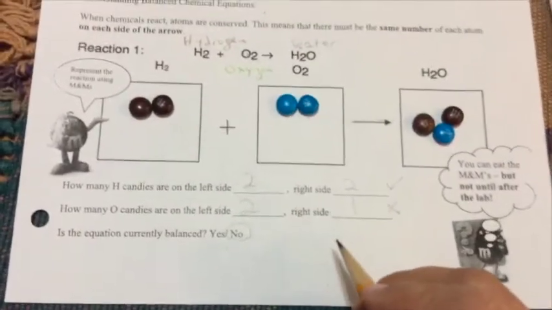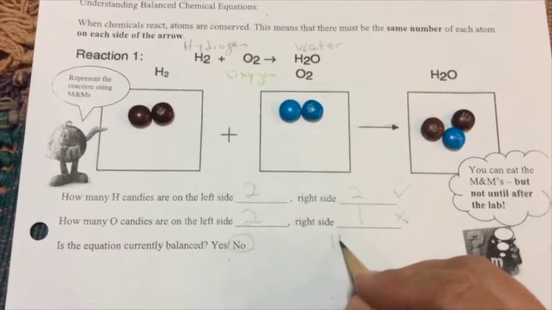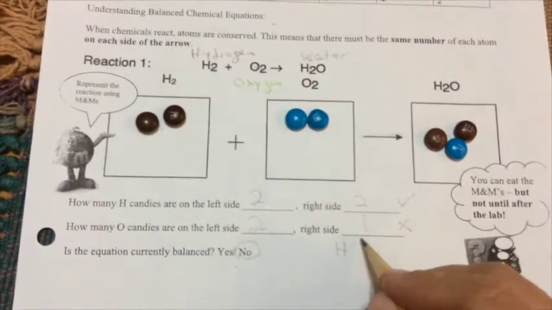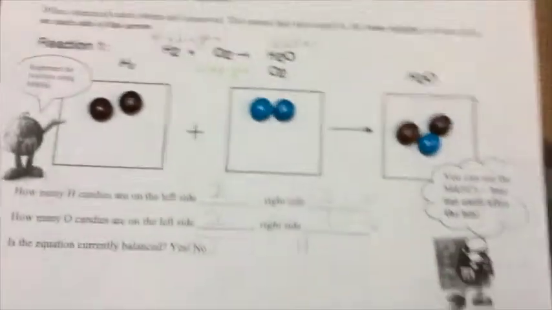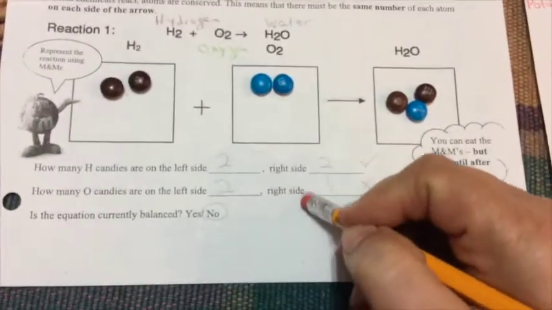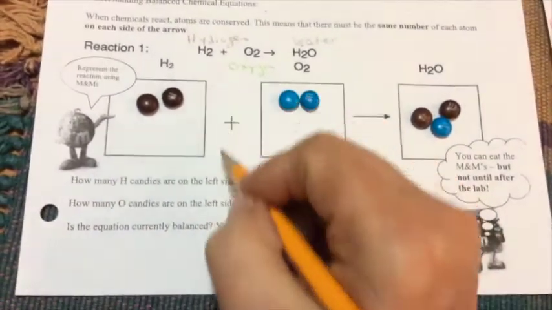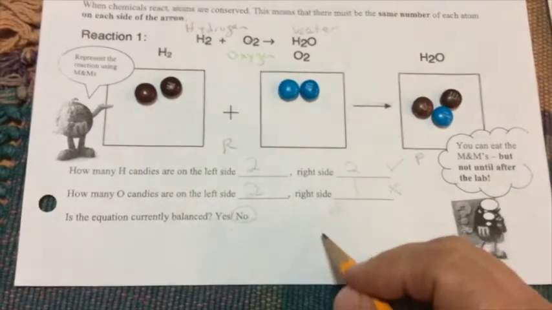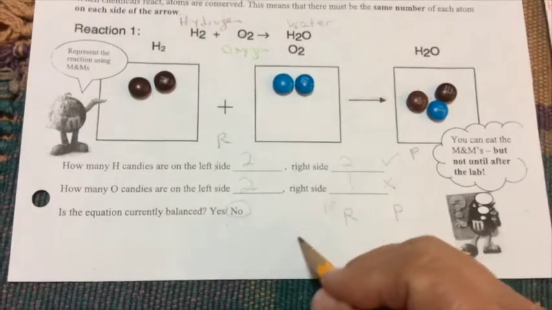So a way to balance it is to just count up the number of atoms. So hydrogen. On the reactant side, oops, I've got to erase it. I didn't write it where I could do it. Okay, so we have the reactant side and we have the product side. So I'm going to put R for reactant and P for product.